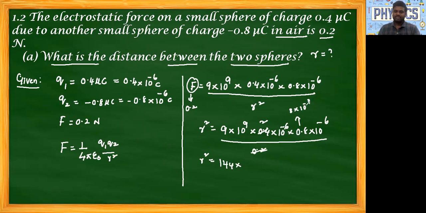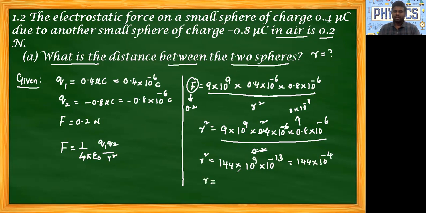See here it is 10 to the power of 9, and here 10 to the power of minus 6, 10 to the power of minus 6, that is 10 to the power of minus 12, and here minus 1, 10 to the power of minus 30. That is 10 to the power of 9 into 10 to the power of minus 30. This is nothing but 144 into 10 to the power of minus 4.